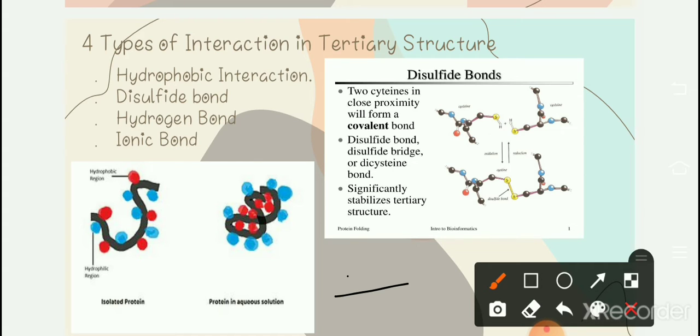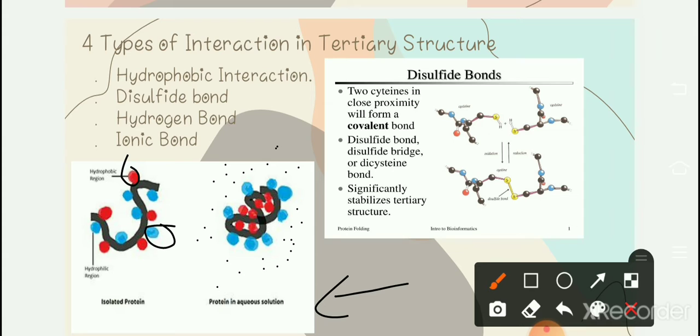So dito sa diagram, we have our proteins, and let's suppose that these red sections are the hydrophobic regions and these blue sections are the hydrophilic regions. So when we place them into a solution that contains water as a solvent, halimbawa may mga water molecules dito sa paligid nila.